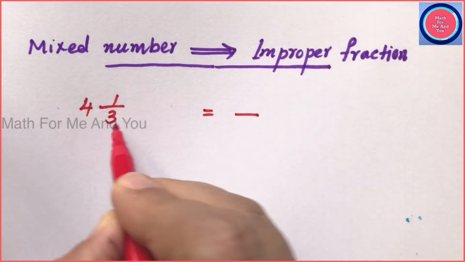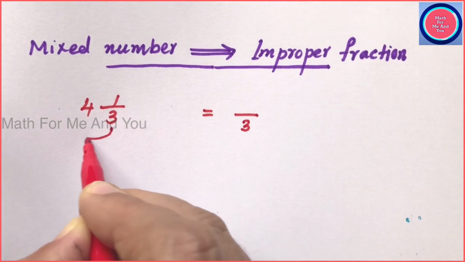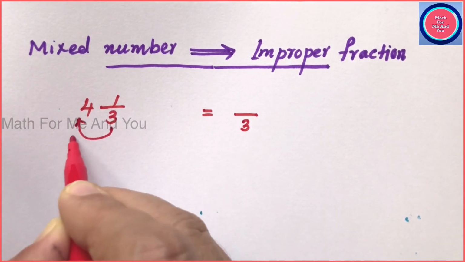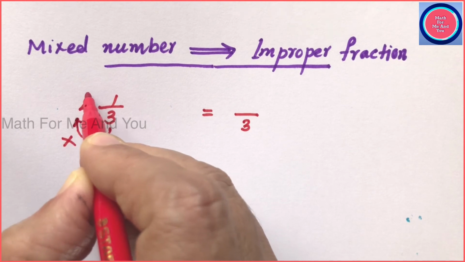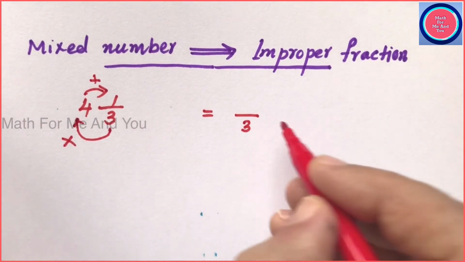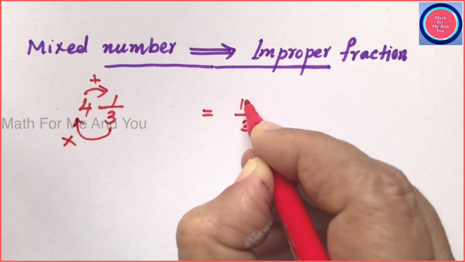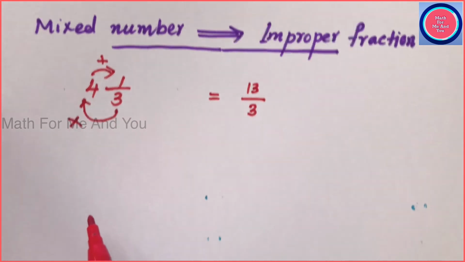Easily we can write the same denominator, that is 3. Now start from 3 and multiply with the next number 4. 3 times 4, and the answer we add to the numerator. So 12 plus 1, 13 we get. The improper fraction is 13 over 3.